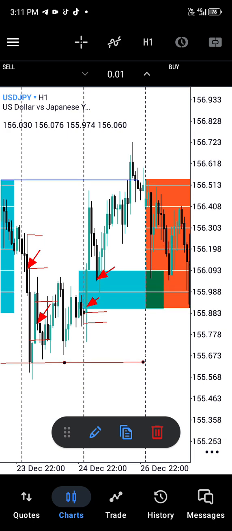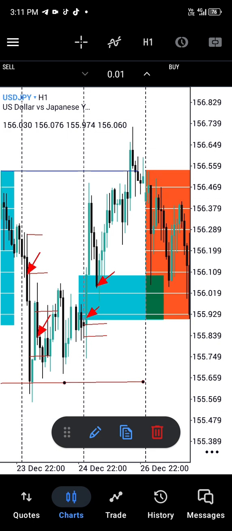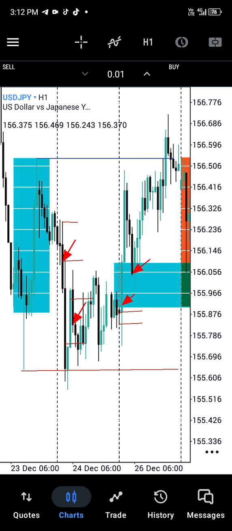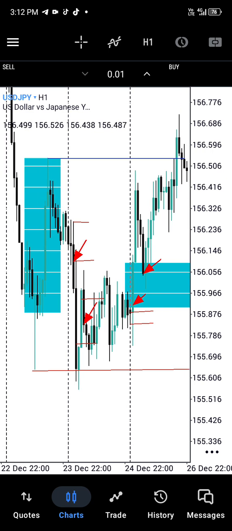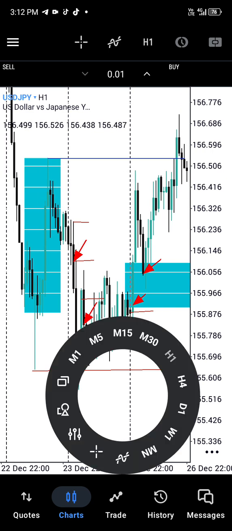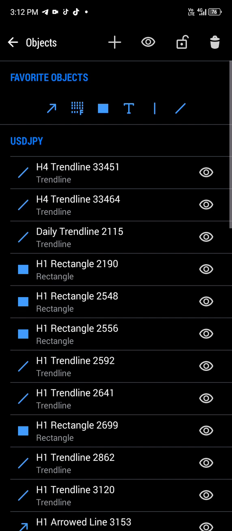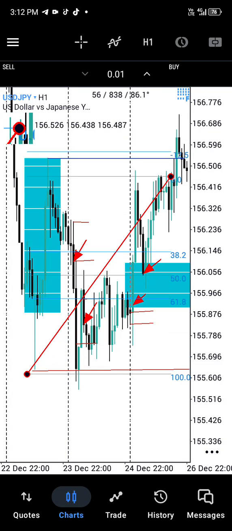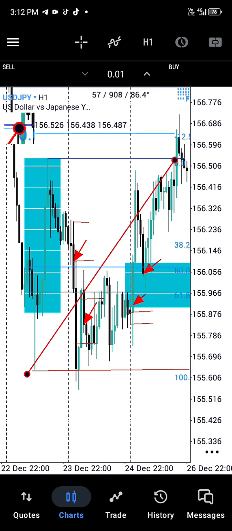So after seeing price maybe hitting, let's say in this case we are about 70% of the dealing range. This is the dealing range.